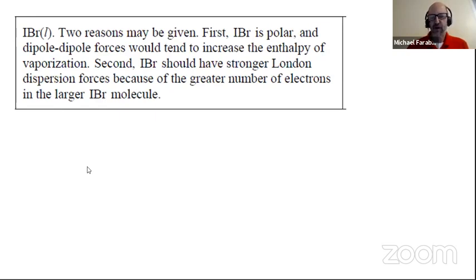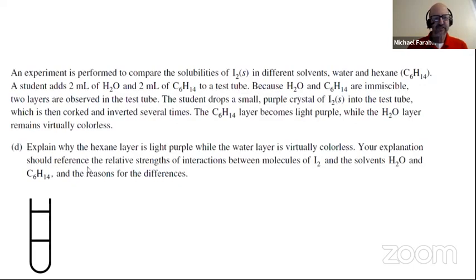All right, there was a part D of this question. An experiment is performed to compare the solubilities of iodine solid in two different solvents, water and hexane. So we have hexane, which is C6H14, and we have water, H2O. Now the student adds 2 milliliters of water and 2 milliliters of hexane to a test tube, and then they add a little purple crystal of iodine and shake it up.